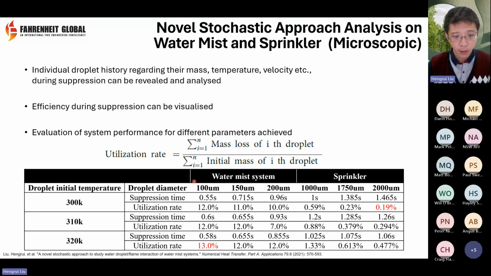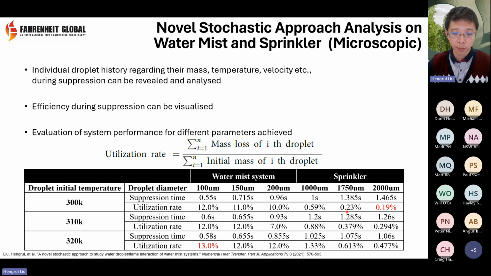We find that, okay, if we compare the water mist system and the sprinkler system under different conditions, the efficiency or utilization rate of the water mist system can be as high as 13%, but the utilization rate of the sprinkler system can be as low as 0.19%.